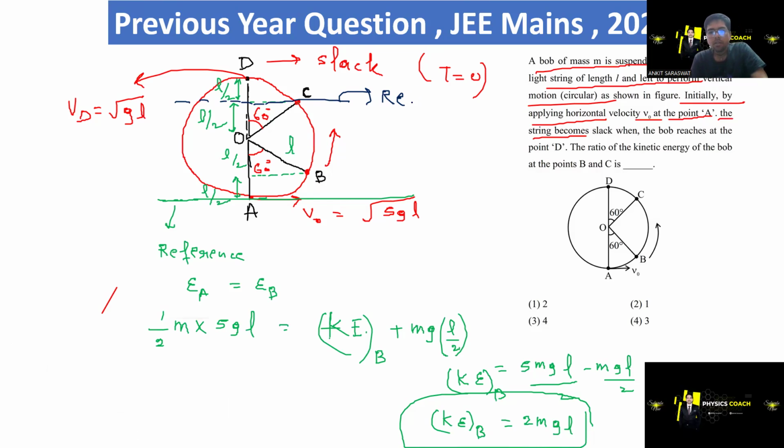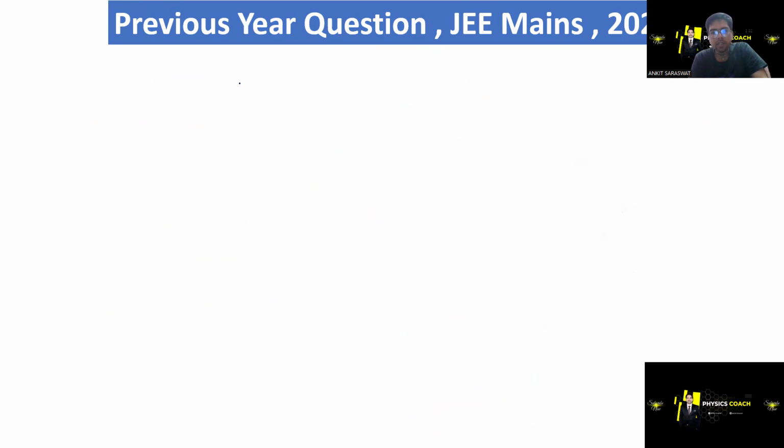So potential energy is zero there because there is no height above the reference line. So it would be C and D. Kinetic energy at C plus potential energy at C is equal to kinetic energy at D plus potential energy at D.